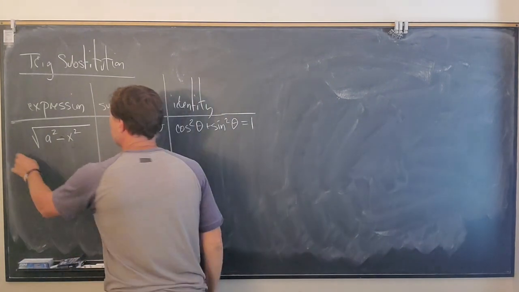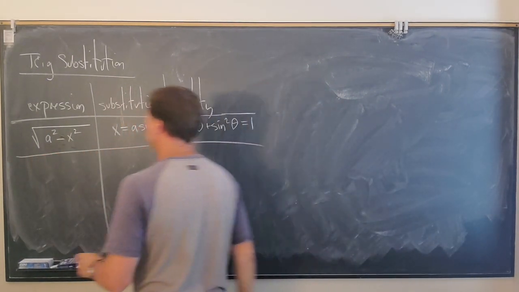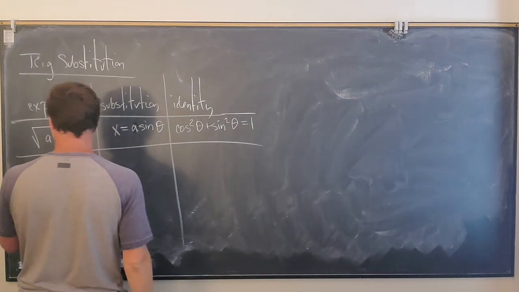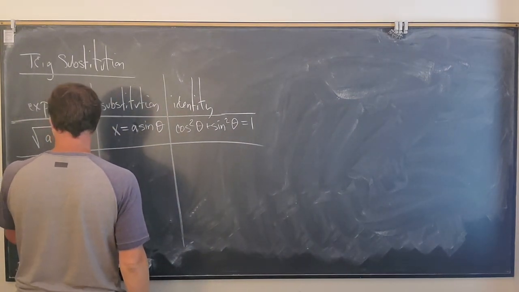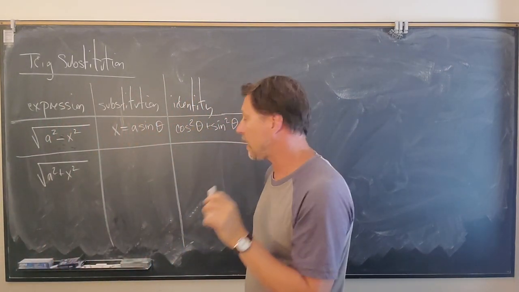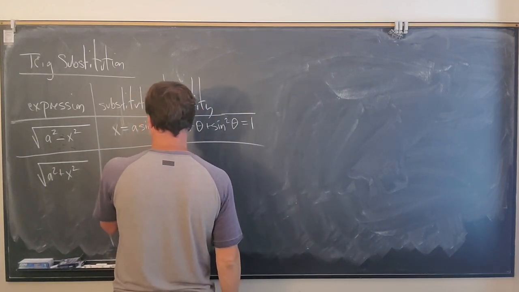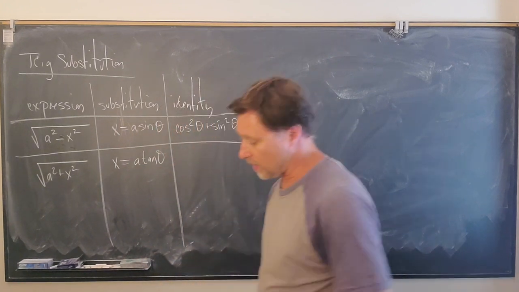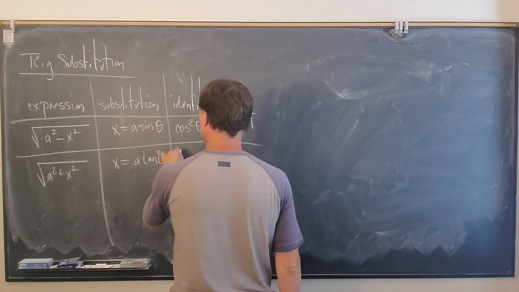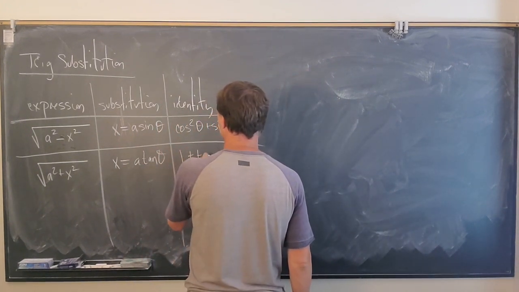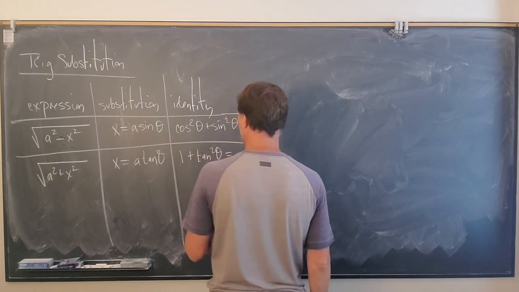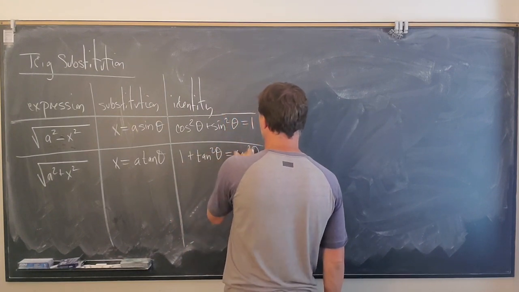The second expression is in the form square root of a squared plus x squared. In that case, we make the substitution x equals a tangent theta, and we make use of the identity 1 plus tangent squared theta equals secant squared theta.